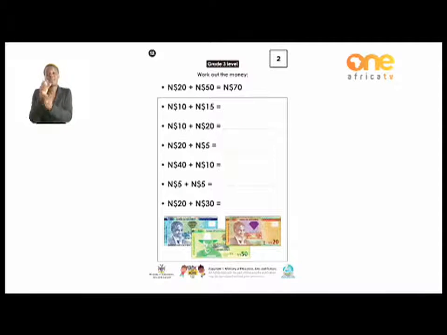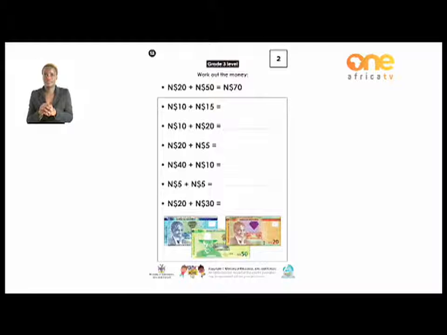You can still continue adding by writing the $10 note on top plus the $15, actually not the note, but $15 underneath the 10, and then you can add up the two to give you the amount, the total amount of the money that you have.